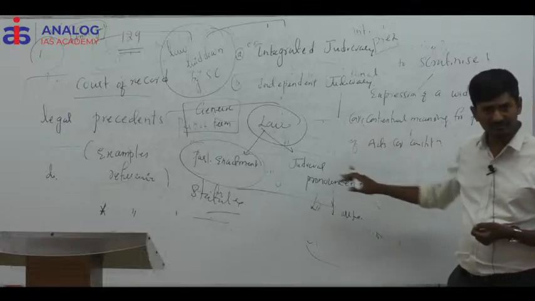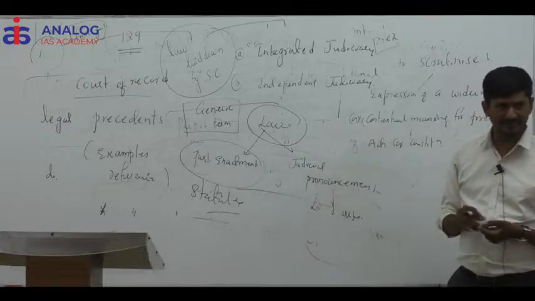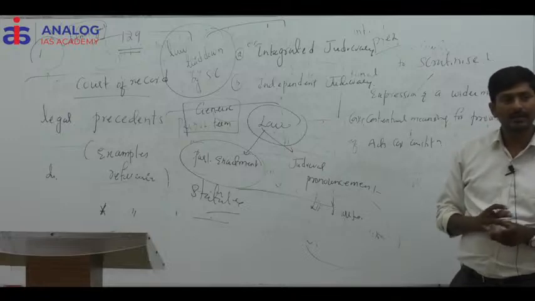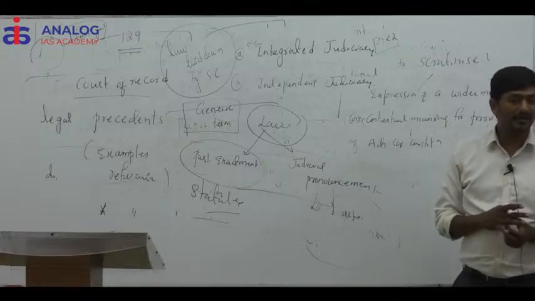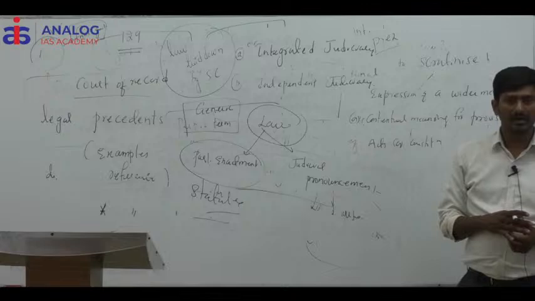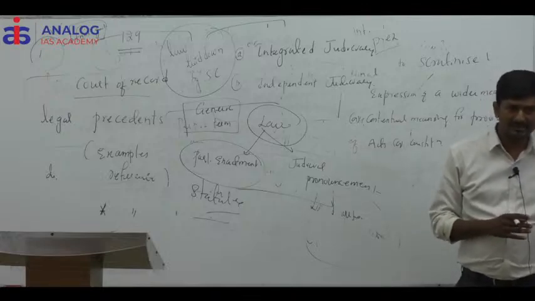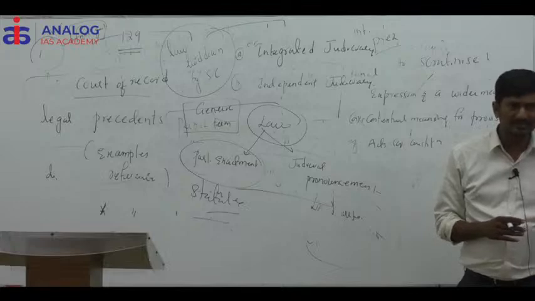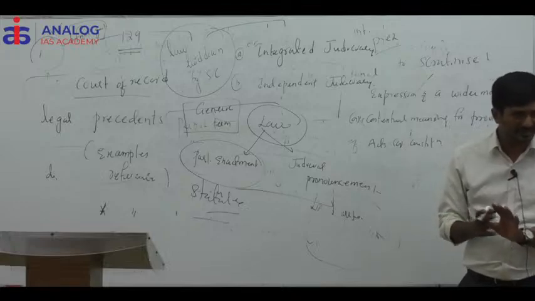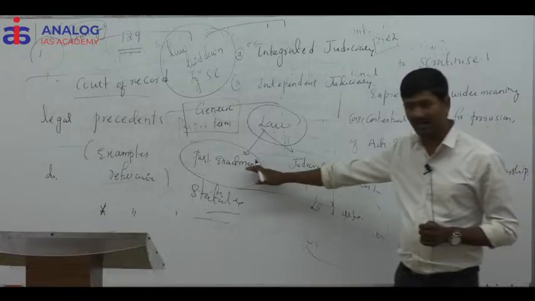That's why we are using the term law for both of these two things. However, parliamentary enactments, you know how the law is made? The bill must be passed in the Lok Sabha, Rajya Sabha, receiving the assent of the president. That is how the parliamentary enactments are made.